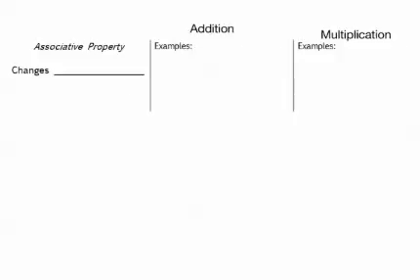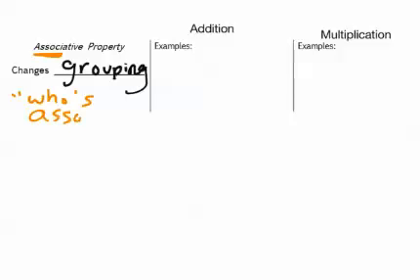Okay, we're going to move on to the associative property. Associative property changes grouping. Another root word example here, we see associate. So you can remember it by who's associating.